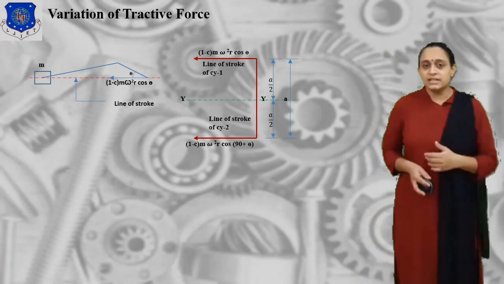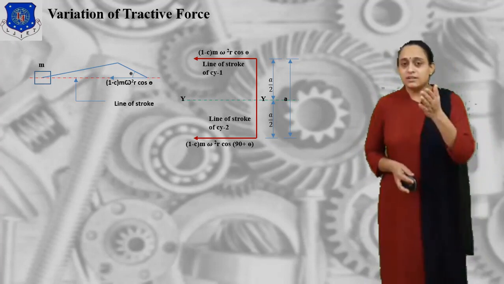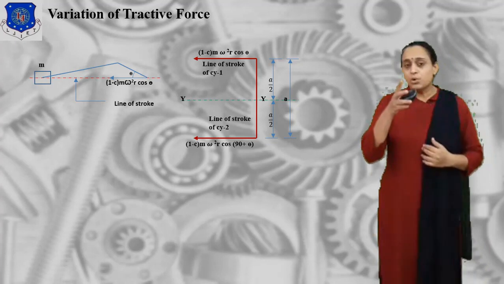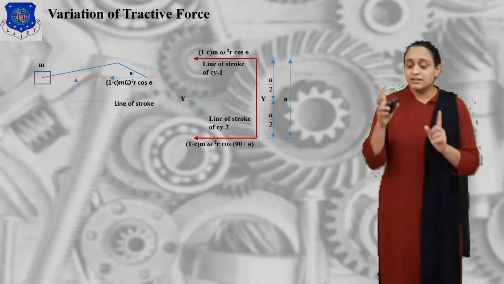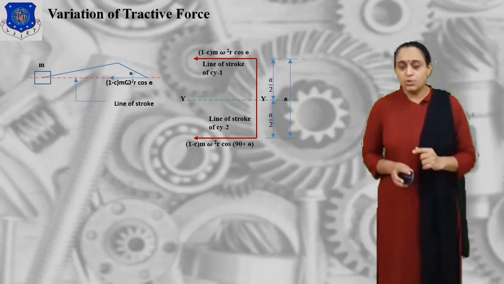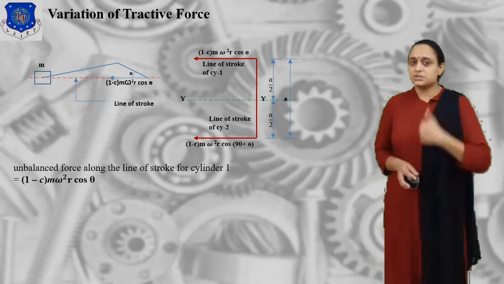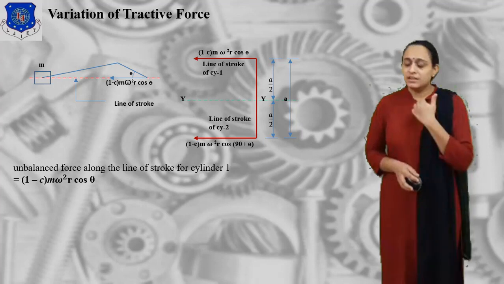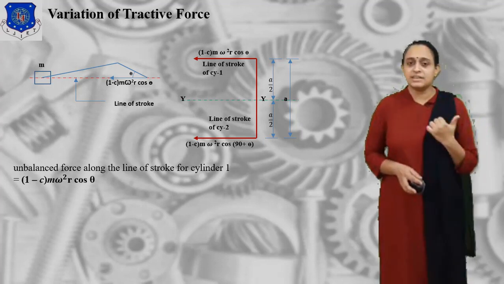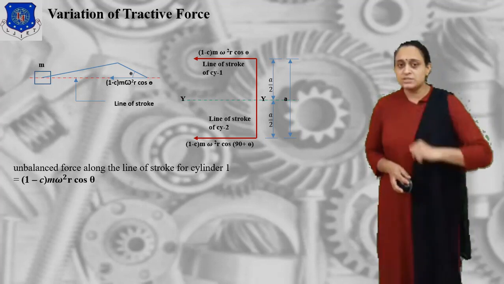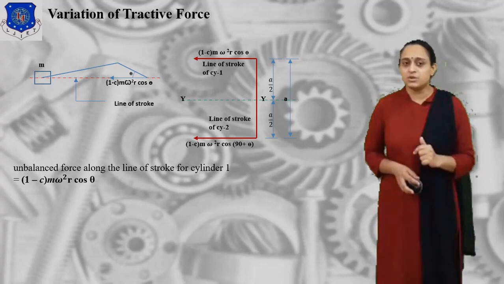Now, let us see this diagram. Both the forces are in the same direction. So, if we are calculating the forces, taking the left hand side position as positive, the first one is (1 minus c) m omega square r cos theta.